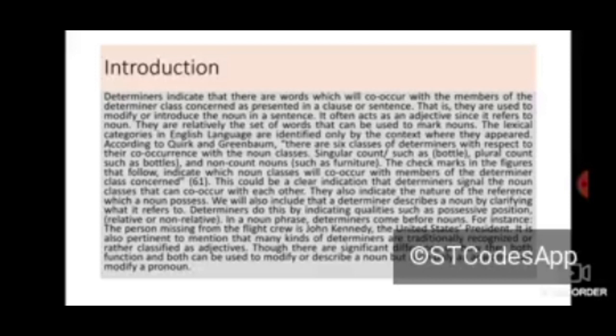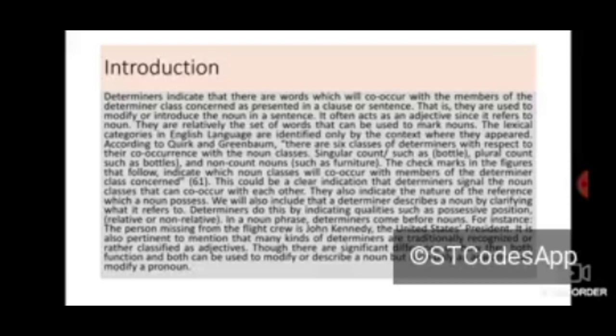This is a clear indication that determiners signal the noun classes that can co-occur with each other. They also indicate the nature of the reference which a noun possesses. We will also include that a determiner describes a noun by clarifying what it refers to.